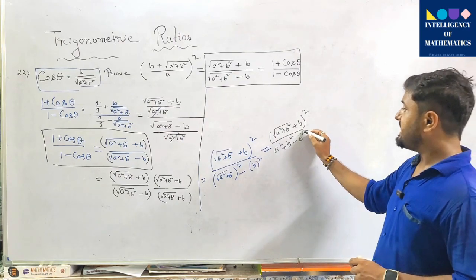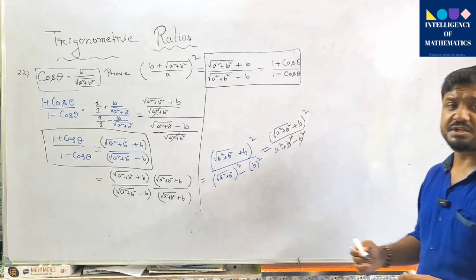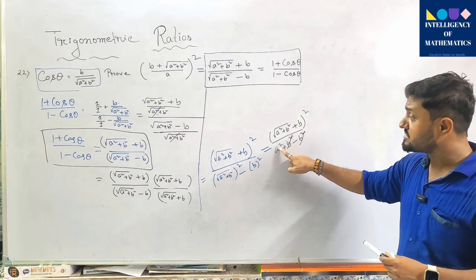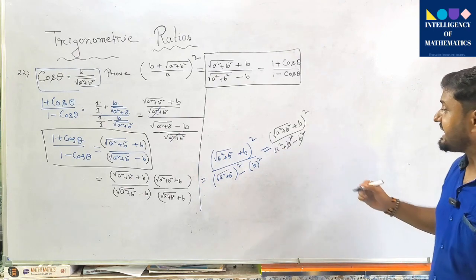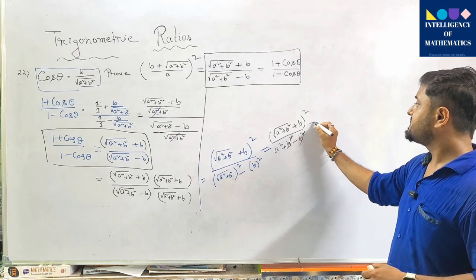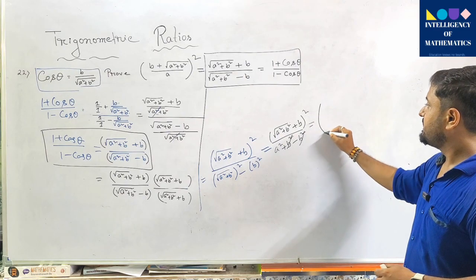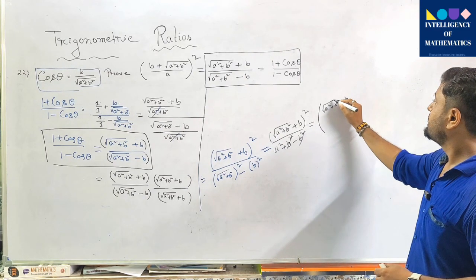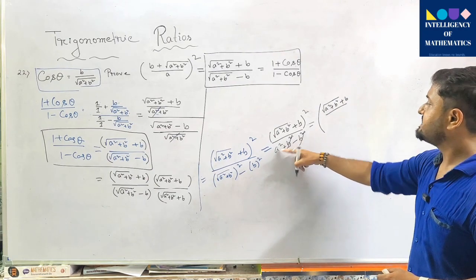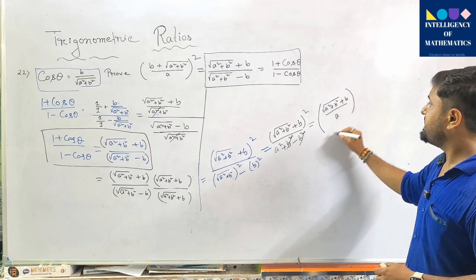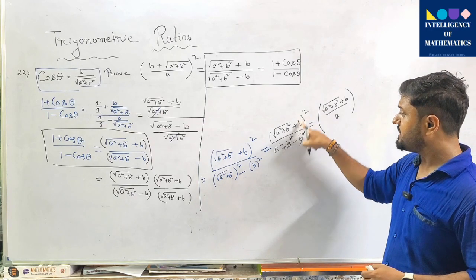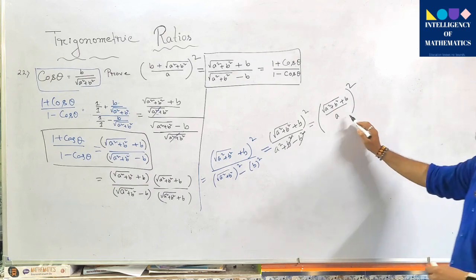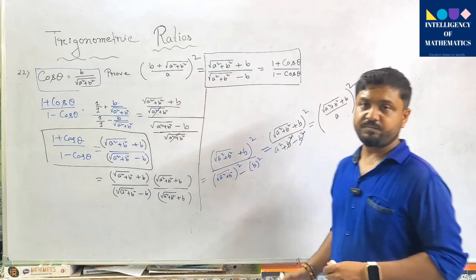Now check, this plus b square and minus b square cancel each other. So we are left with this quantity whole squared, and a also has a square. So I can write this as root over this and down as a. Both quantities have a square, upper one and down one, so I'll make the whole thing squared. Check, you got this proof is equal to this.